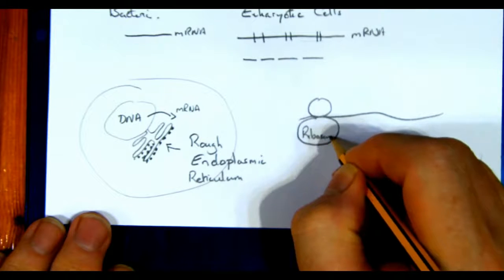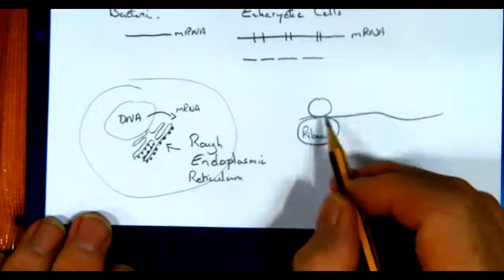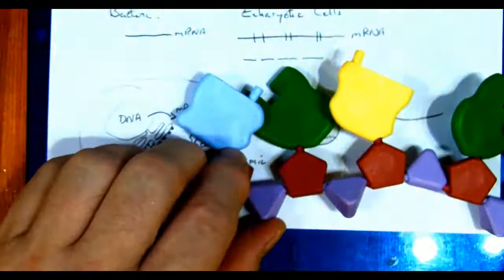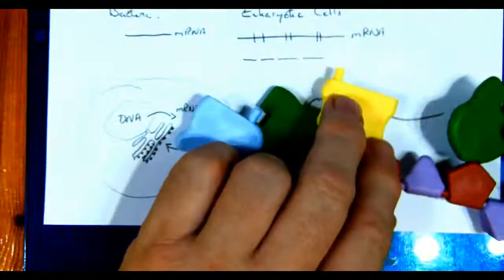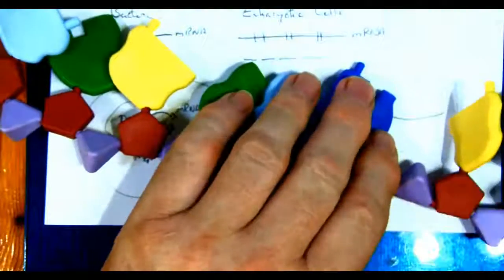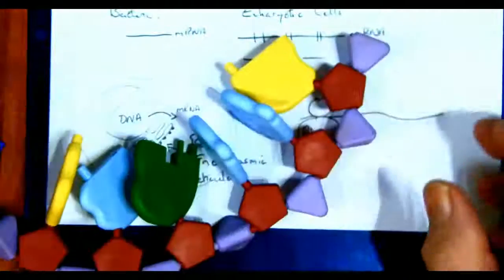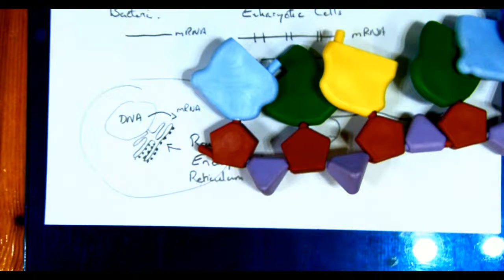So the ribosome consists of two bits, a smaller bit and a larger bit, and this piece of mRNA fits in there, and it goes in 3 bases at a time. Let's look at what's happening then.